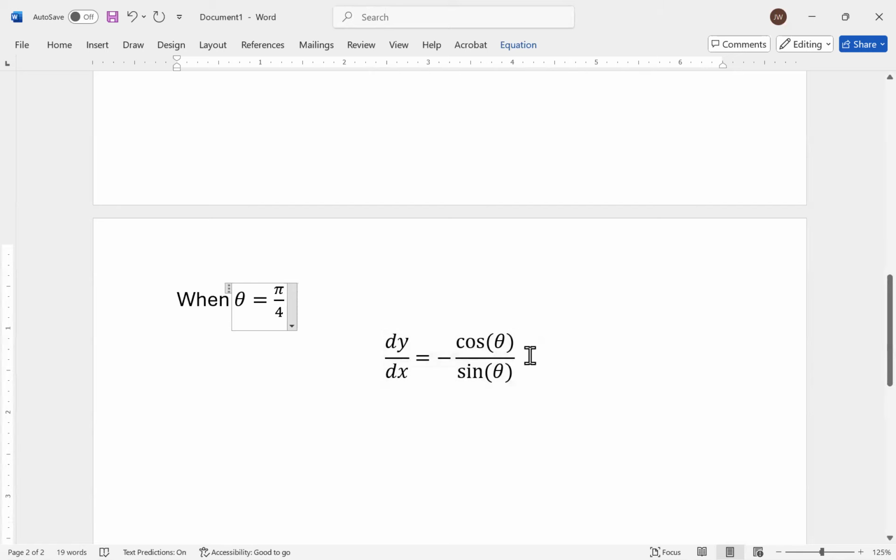All I do is plug it in. Cosine of pi over 4 is root 2 over 2. Sine of pi over 4 is root 2 over 2.